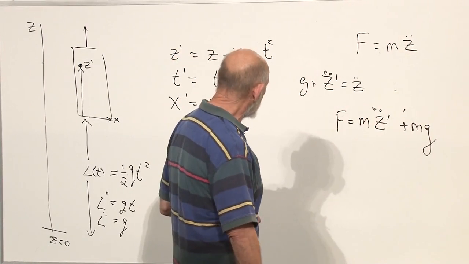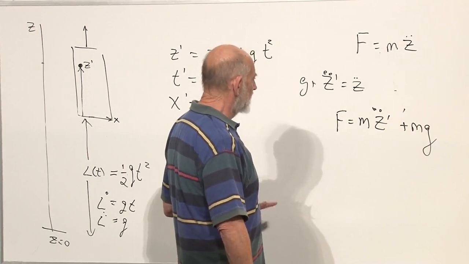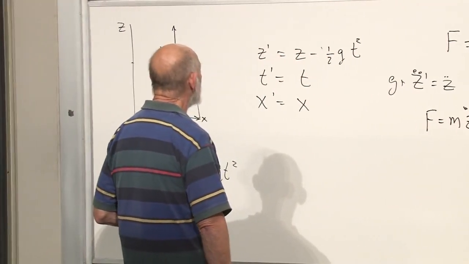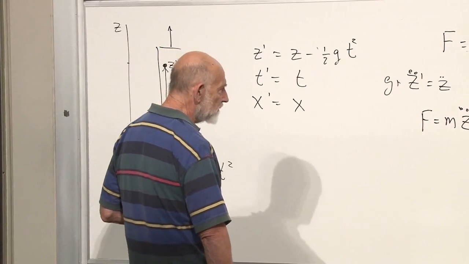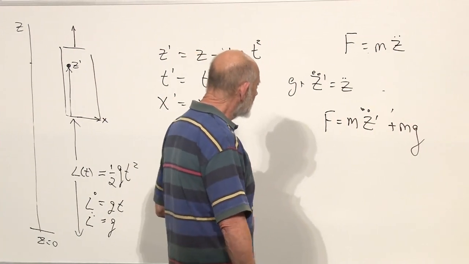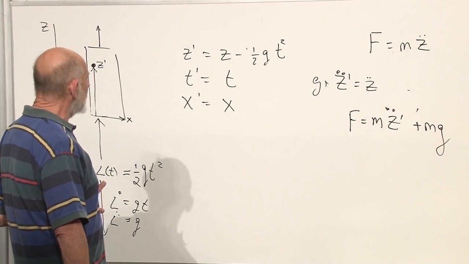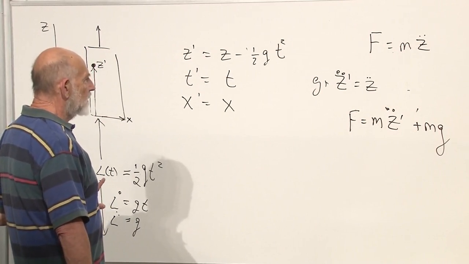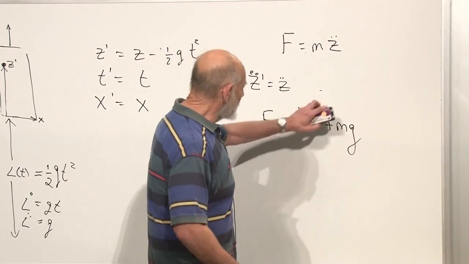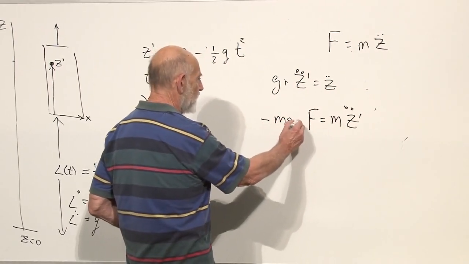Somehow I think I have the wrong sign. Minus g, must be minus g. What did I do? Z double dot is Z double prime dot plus g, is that right? Yeah. Okay. Right. Oh, sorry. It's fine. I want to shift it to the other side of the equation, of course. Minus mg on the other side of the equation.